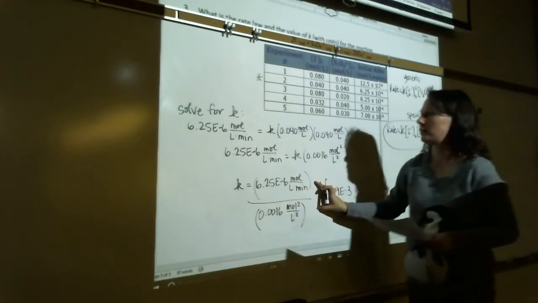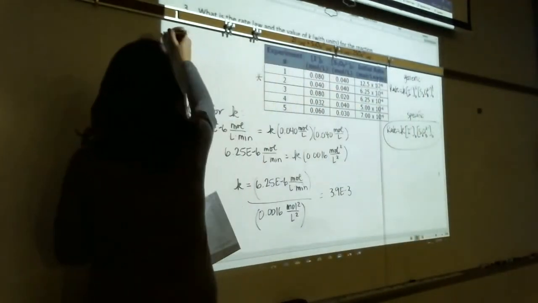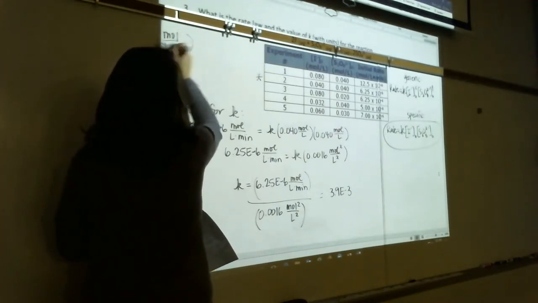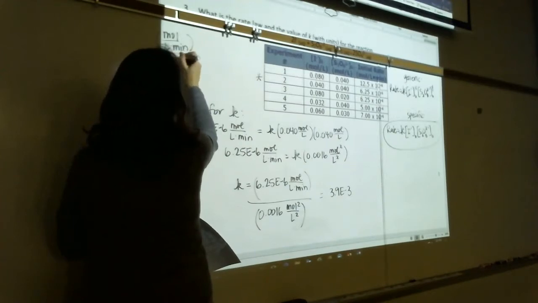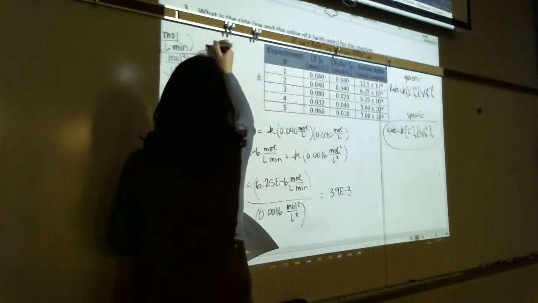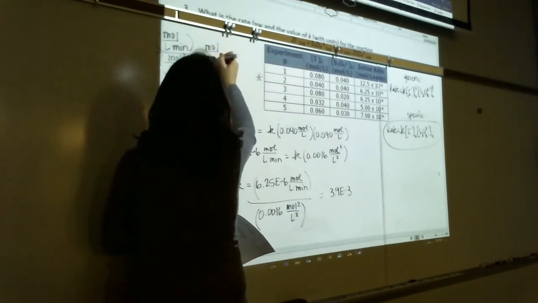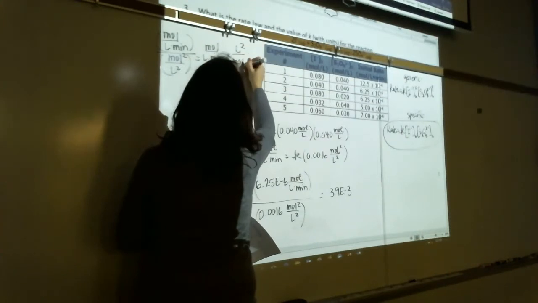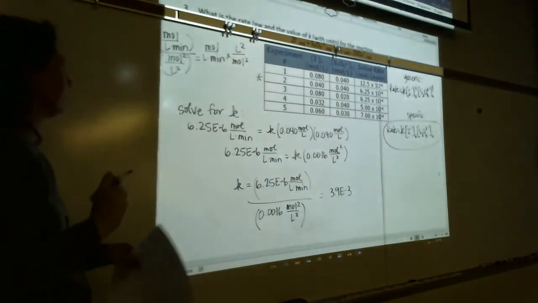To get my units, let's go off to the side. Moles per liter minute divided by moles squared per liter squared. It's the same thing as moles per liter minute times liter squared per mole squared. Flip it.